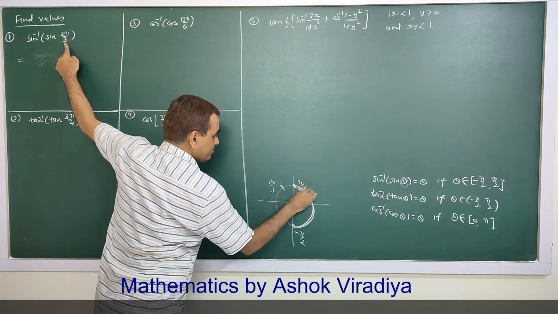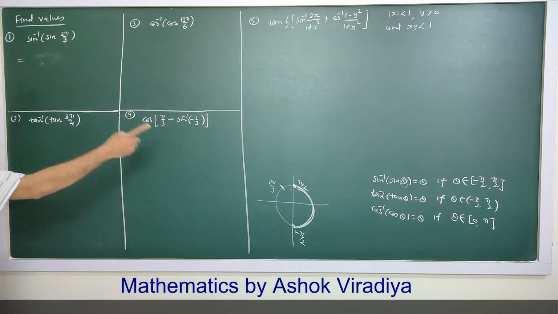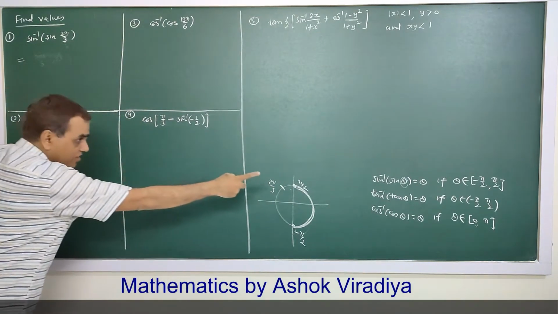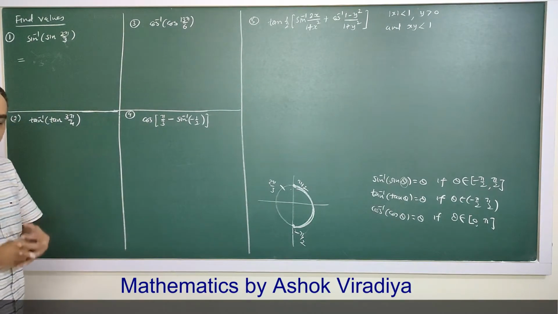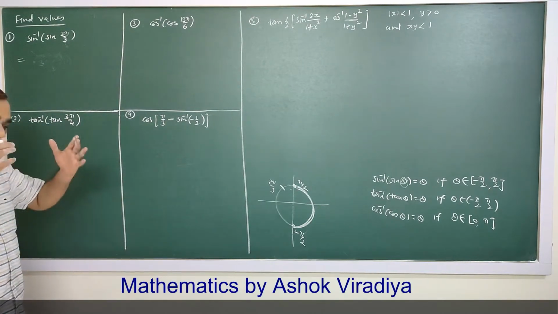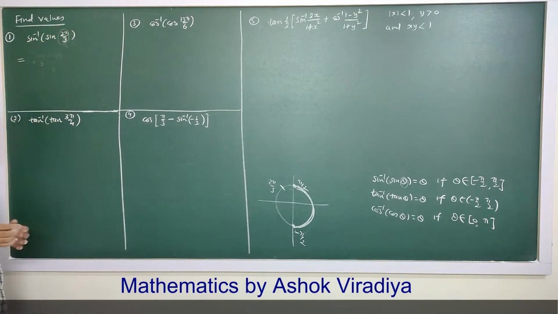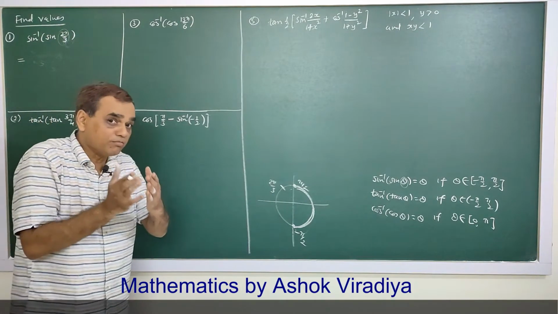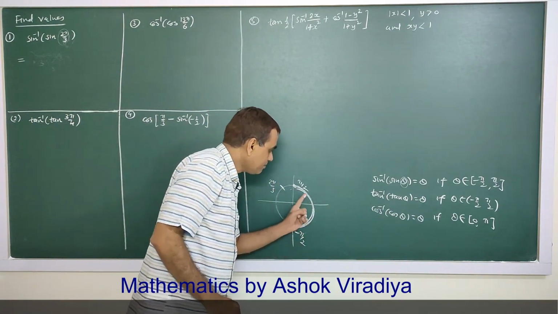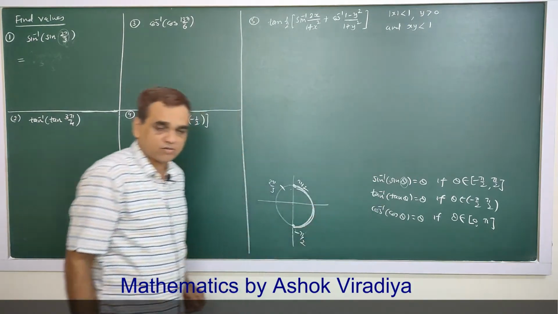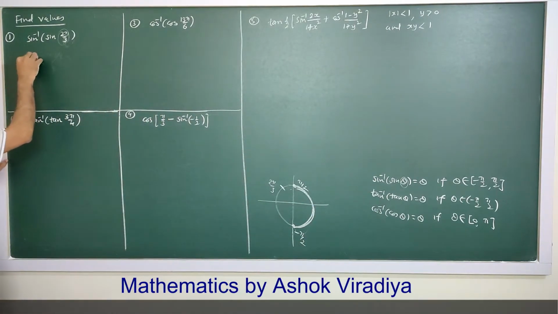If theta is in minus pi by 2 to pi by 2, then sine inverse sine theta is theta, but because the number is not in the domain, its value 2 pi by 3 is not the correct answer. So what do we do? We convert this number into a new number belonging to this interval, for which we use a property of trigonometric functions.